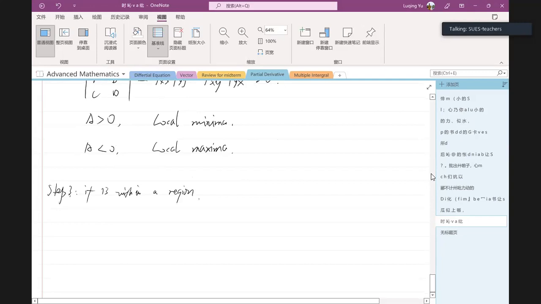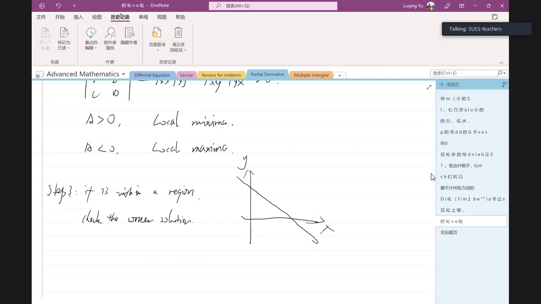What we did is we checked the corner solutions. What is the meaning of the corner solution? The corner solution means, when you are restricted on coordinates, the points here.